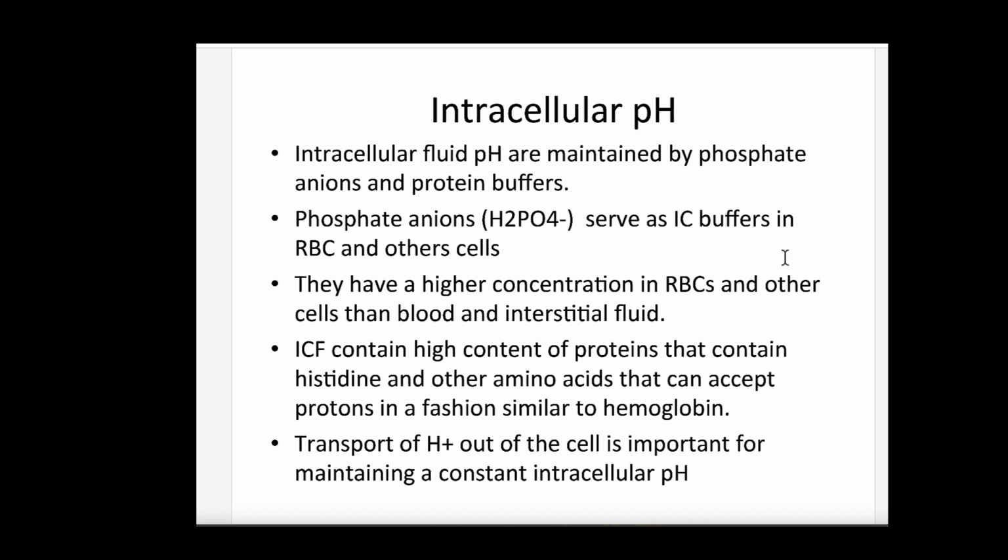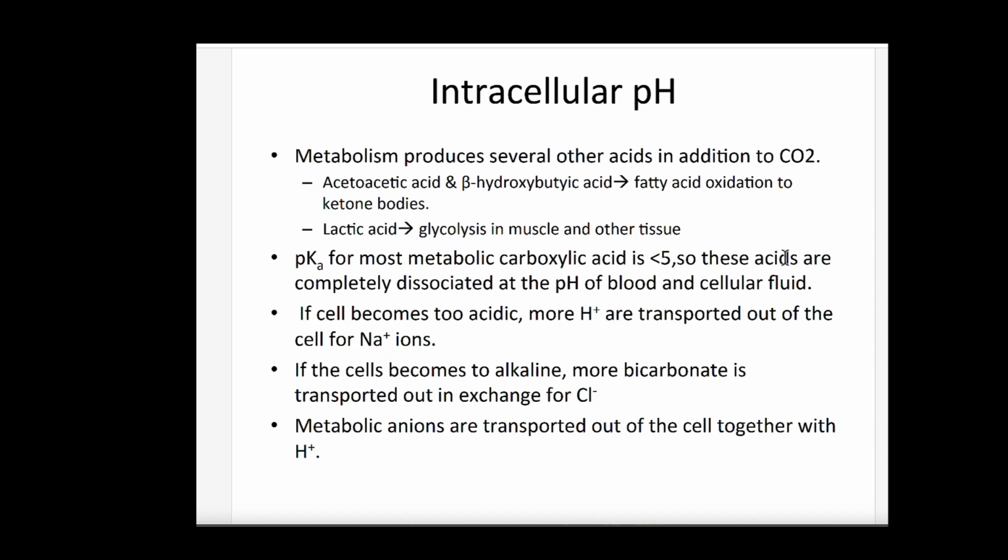Another component that we have to strongly consider when we talk about intracellular pH is that metabolism is going to produce several other acids in addition to CO2. You have the acetoacetic acid and the beta-hydroxybutyric acid, which are those ketone bodies, and they are produced from fatty acid oxidation.